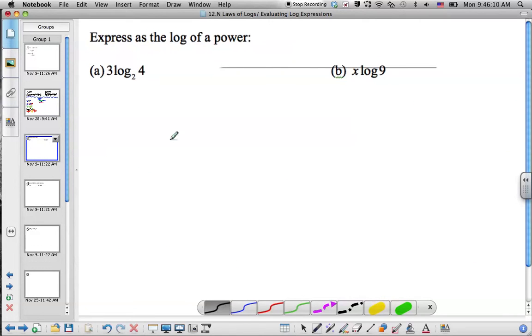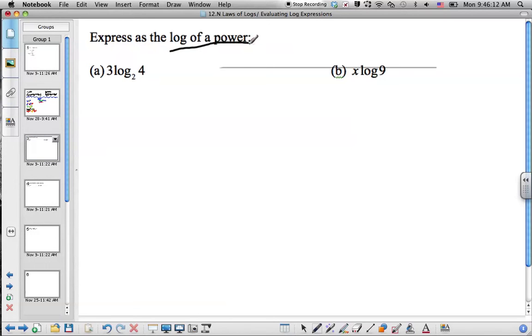Now we want to express this as the log of a power. Right now we have some number times our log. If we're going to express this as a log of a power, we can think back to our rule that we just came up with: log base a of x to the p is p times log base a of x.